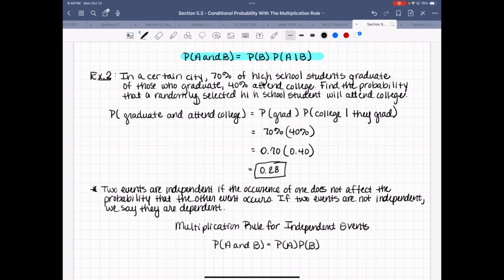It doesn't matter what I roll on that first die. If I'm looking for a 6, I've got a 1 in 6 chance on that first die and a 1 in 6 chance on that second die. Even if I do roll a 6 or don't roll a 6, it's still a 1 in 6 chance that I'm going to get a 6 on the second die. It doesn't matter what I roll.